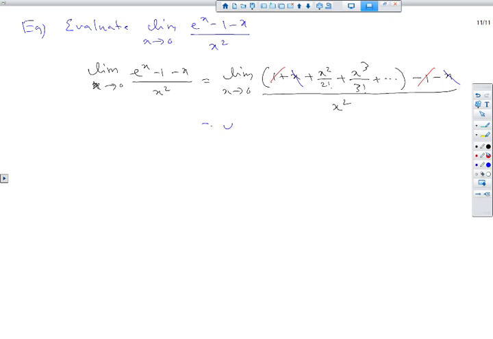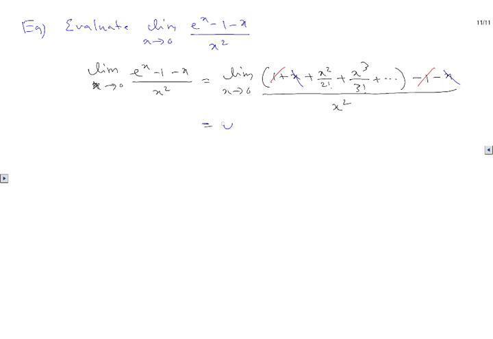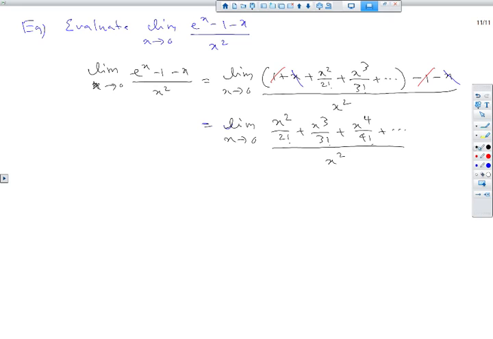So that means you simply end up getting the limit as x goes to 0 of only x squared over 2 factorial plus x cubed over 3 factorial, and then I can write one more, x to the 4 over 4 factorial, like that, divided by x squared. That means we can divide by x squared now. So if you divide by x squared, what are you going to get?